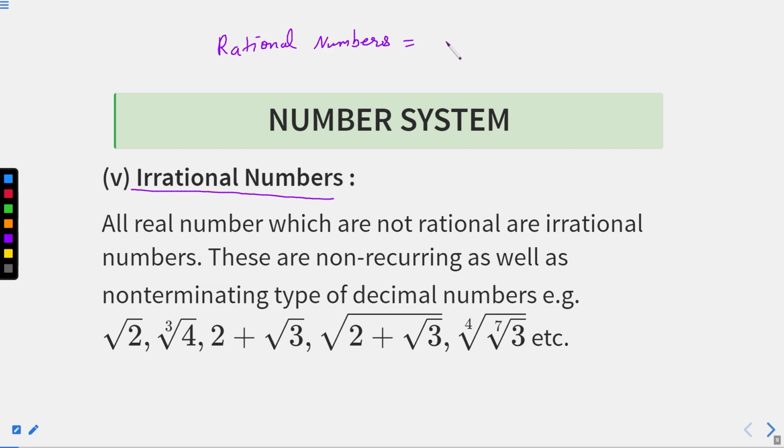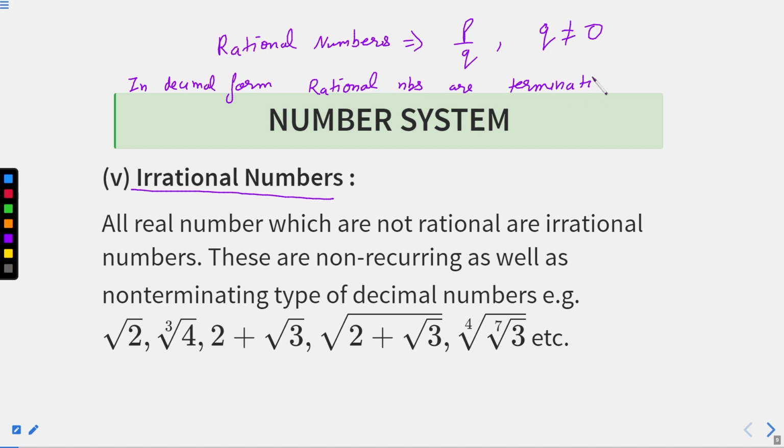The rational numbers are of the form P upon Q, where Q is not equal to 0, or one can say in decimal form, the rational numbers are terminating numbers or non-terminating but repeating.